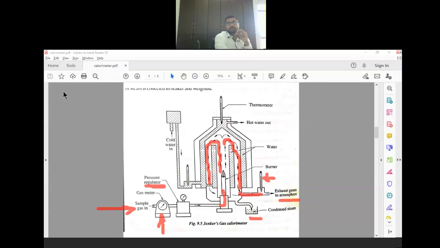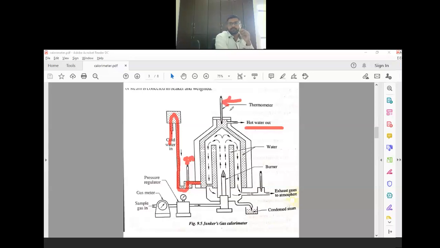Now we will discuss another circuit, the water circuit. From here you are supplying water, so it is going this way. This is the inlet temperature of water you need to measure. Then from here water is going out, so the outlet temperature of water also you need to measure. Clear?